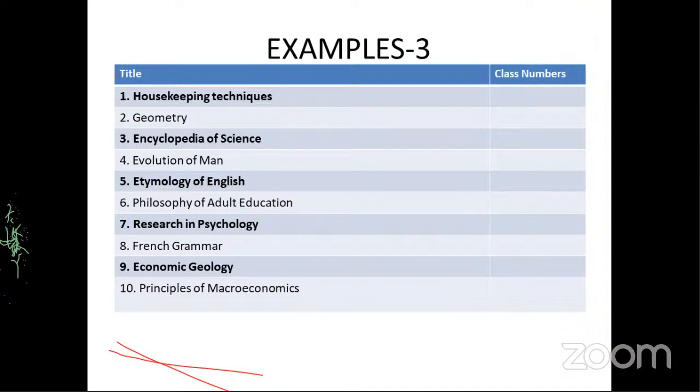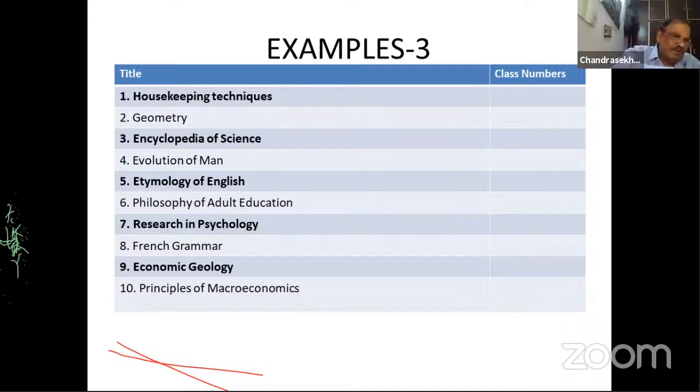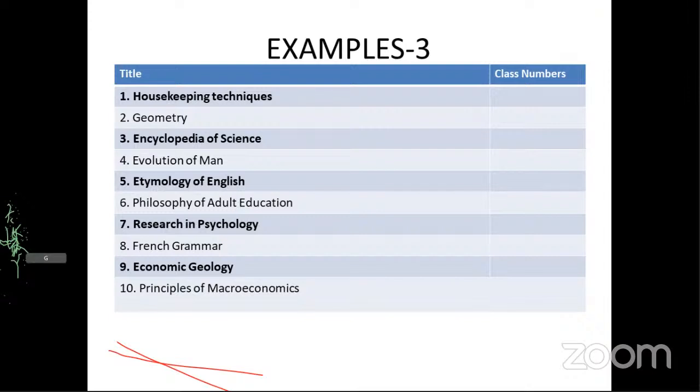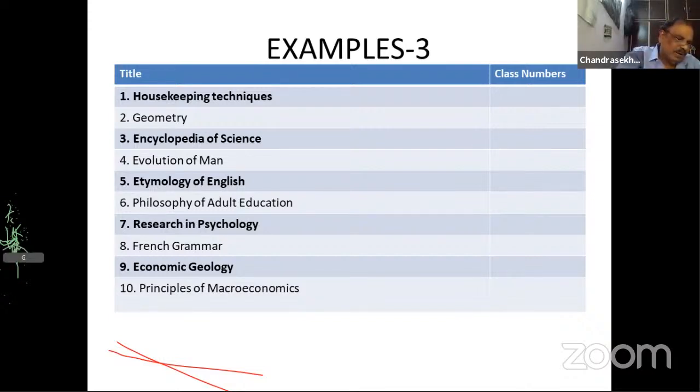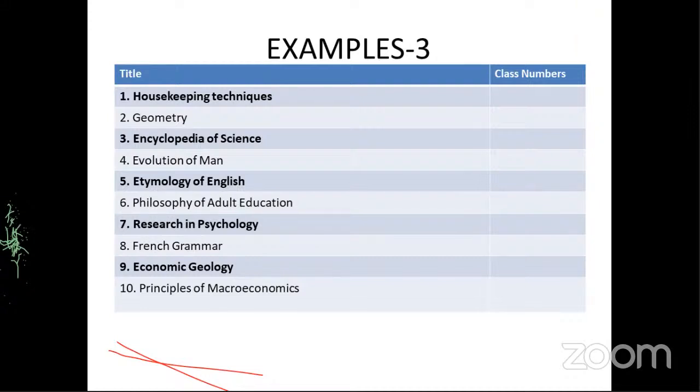Adult education, not women. An old edition may have different numbers, they may be changing the number. So 374 is adult education. Philosophy number is 01. 374.01.